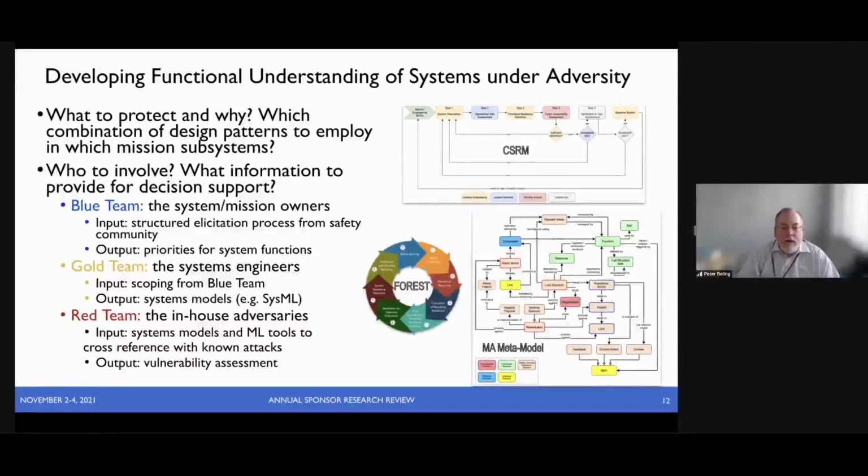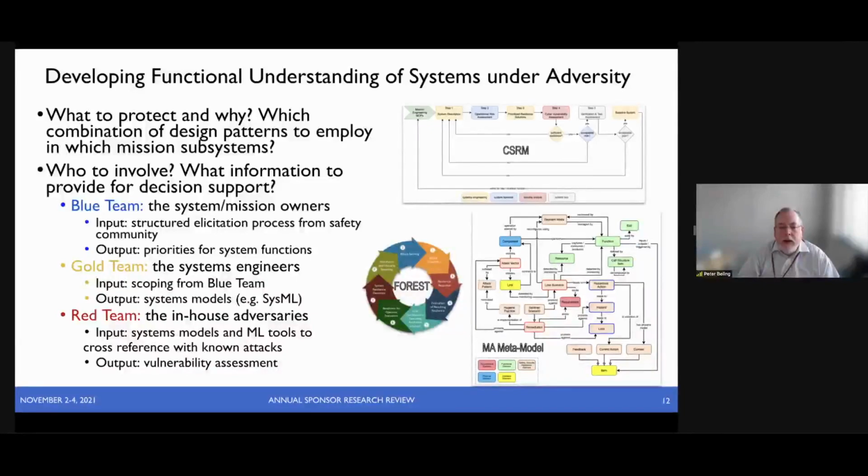You know, there are limits to how widely you can, in any system, think about applying these design patterns. Budgetary limits, and potentially limits on system performance associated with adding things like Sentinels and reconfiguration options and the redundancy that is implied there.